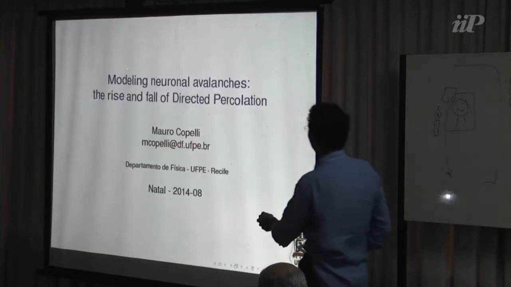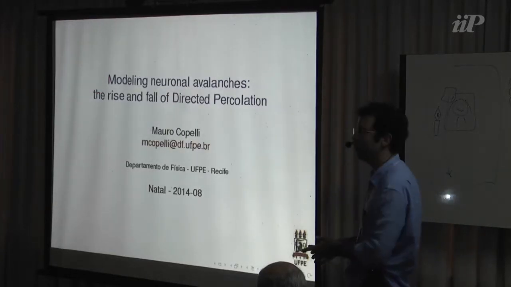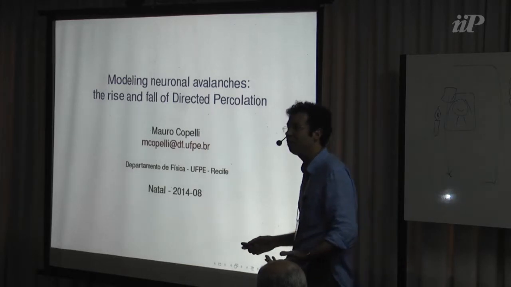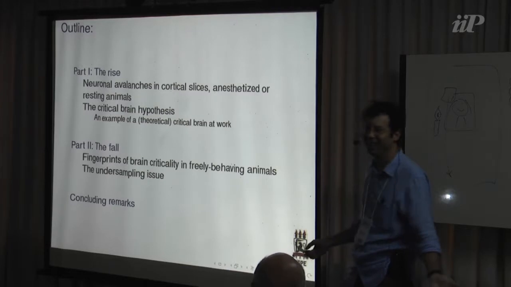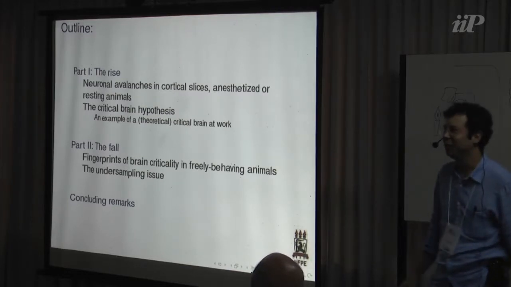So a talk with such a title, The Rise and Fall of Directed Percolation, can only be divided in 2 parts: the rise and the fall, right? That's a natural thing to do.